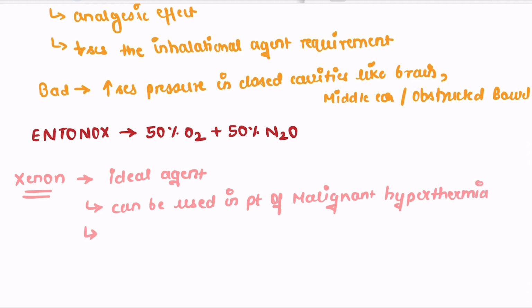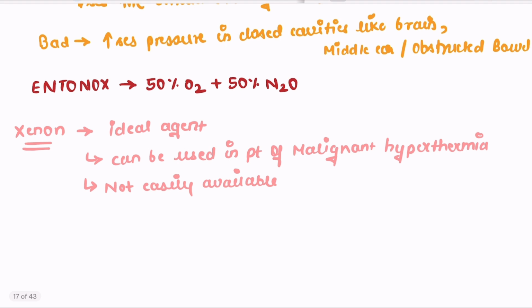It is very expensive, therefore it is not easily available. It has the lowest blood gas partition coefficient. If the question is asked about the lowest blood gas partition coefficient and both xenon and desflurane are an option, go for xenon. But xenon is not very much available, therefore desflurane is a better answer.